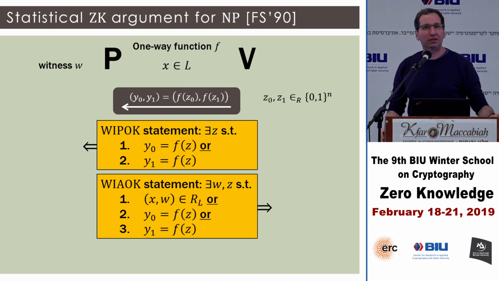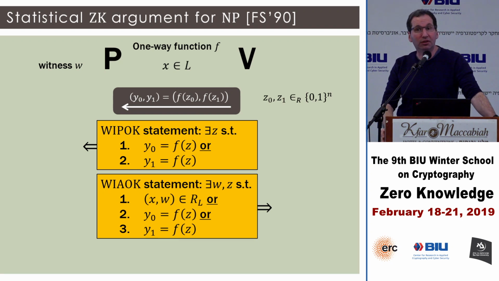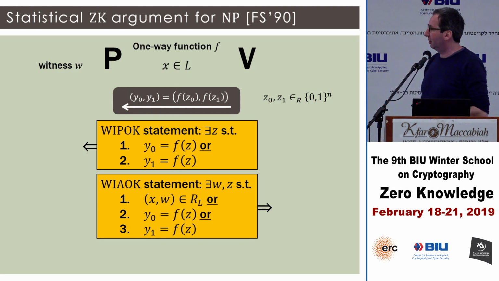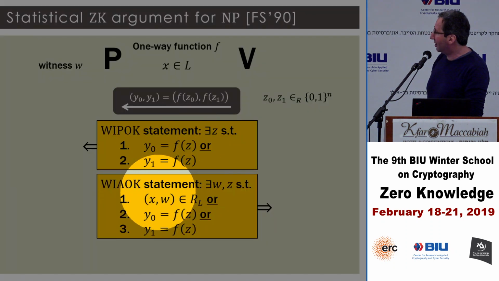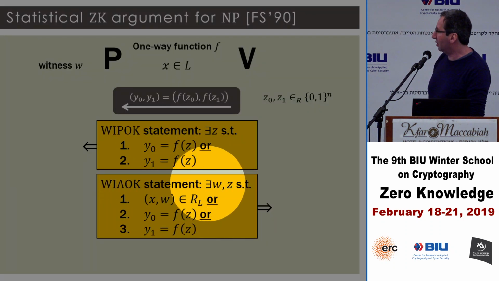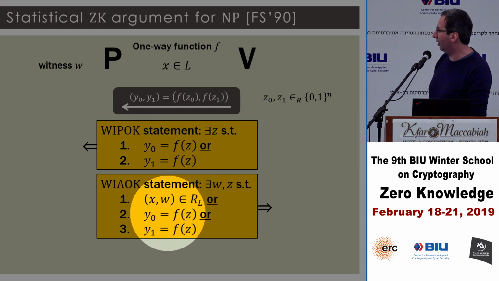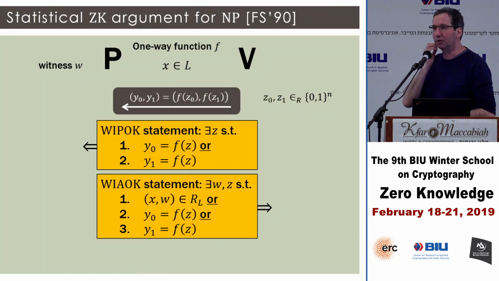What's the NP statement proved in the other direction? And here is a very shrewd and beautiful idea coming into play. The prover proves that either X is in the language, meaning that there exists a witness W for X being in the relation, or he knows a Z that is a pre-image of Y0, or he knows a Z that is a pre-image of Y1.